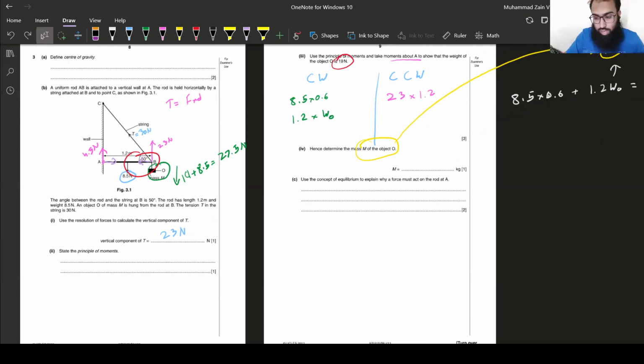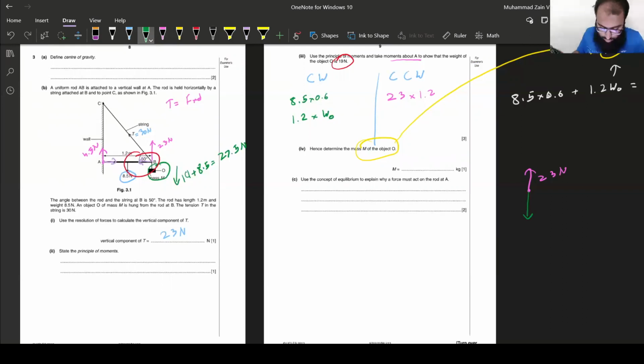Did you get how the vertical components are imbalanced? No, sir. So what's the vertically upward force acting on the rod? It's 23 Newtons, right? And then there is a downward force acting on it, which is the sum of the force due to mass O and the weight, which is 8.5 Newtons.